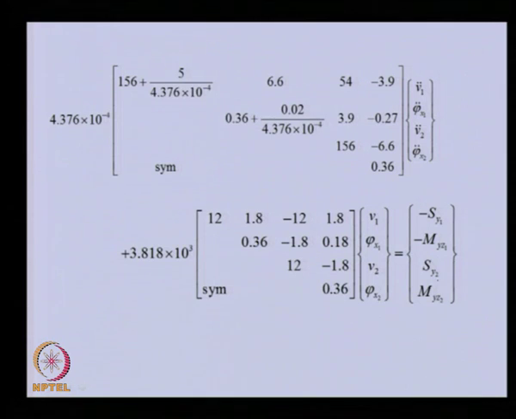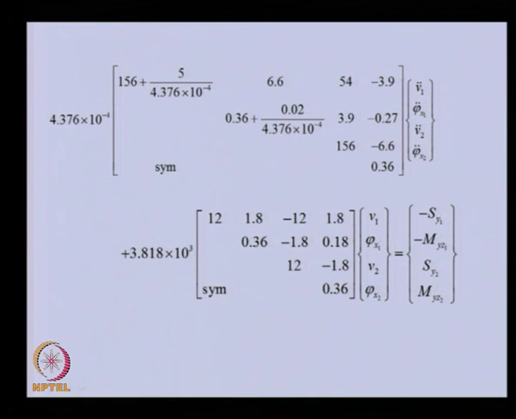Apart from the mass of the shaft, this corresponds to the mass of the disc, and this is the diametral mass moment of inertia of the disc, because that particular disc is at node 1. So, in the diagonal terms they are appearing. At node 1 they appear, but not at node 2.